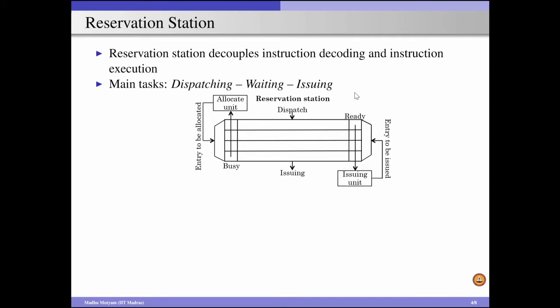In order to do these three tasks, our reservation station will be designed like this. It consists of multiple entries, and it has an allocate unit, an issue unit, and a set of fields in each of the entries. Whenever an instruction is decoded, this instruction needs to be dispatched to the reservation station.